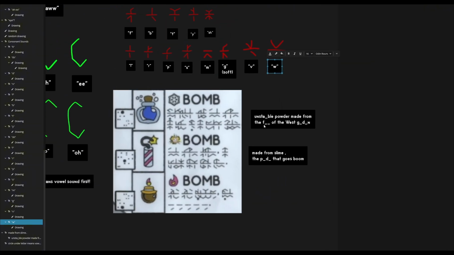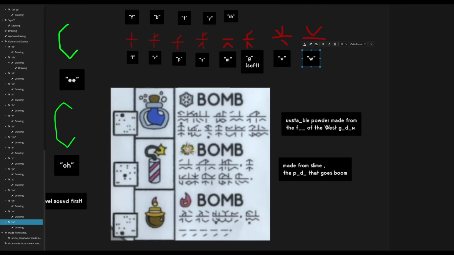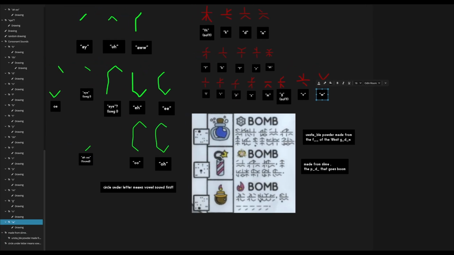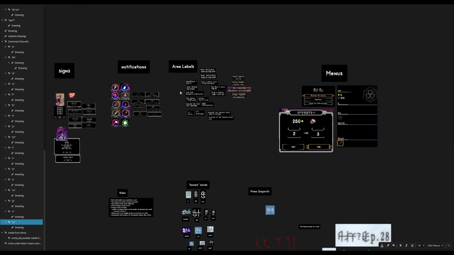Unstable powder made from the F line dash other thing of the West. Actually, do I see this anywhere? All right, memorize this. ST over here.